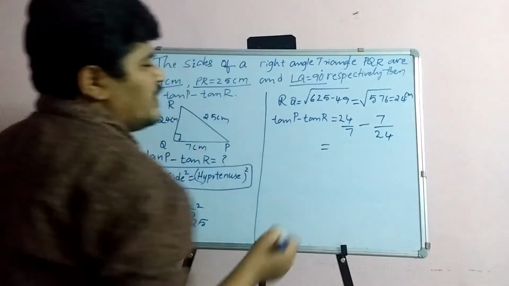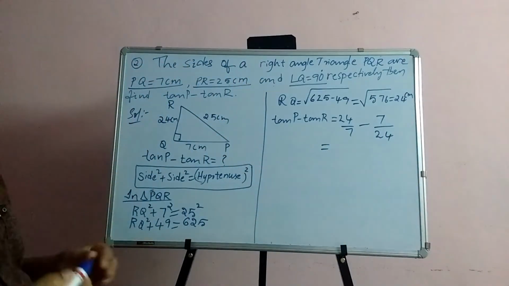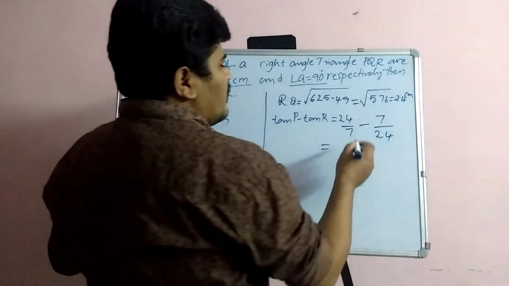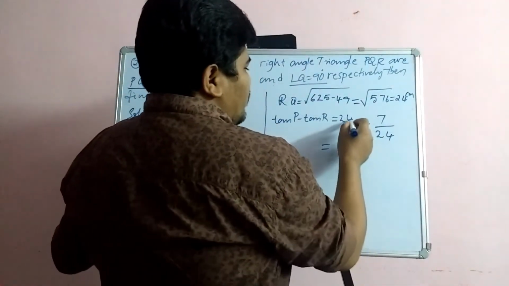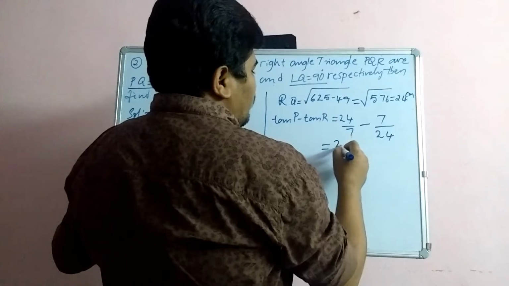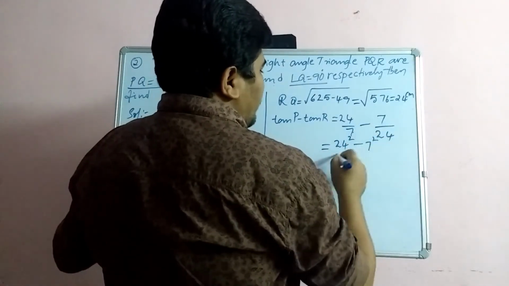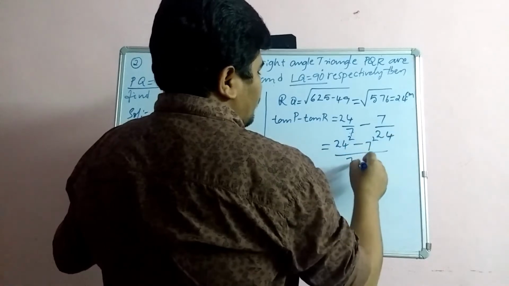So children, here you can do cross multiplication or else we can take LCM. Suppose you take the cross multiplication, 24 into 24, 24 square minus 7 into 7, that is 7 square, by 7 into 24.